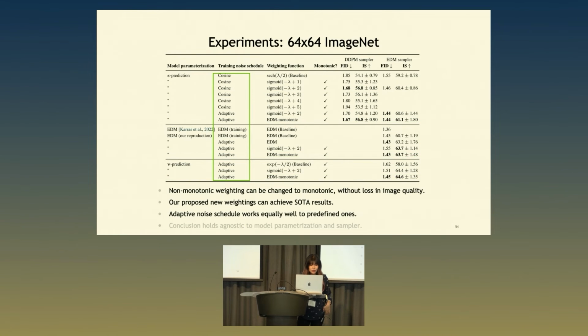And third is that we compare the original noise schedule used by the baseline methods versus the adaptive noise schedule we proposed. And it performs equally well for the end results and also converges faster. And last, all the conclusions above hold agnostic to the model parameterization or sampler we use.